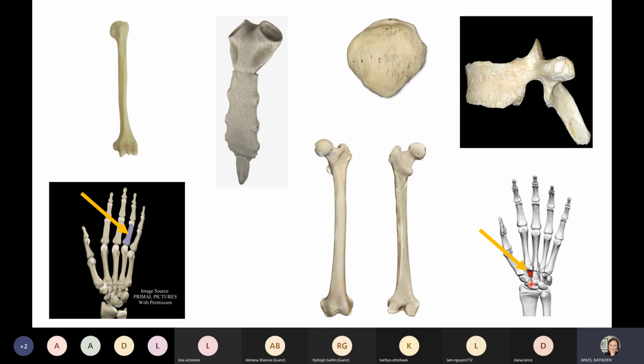Was it the capitate, the cuboid? I know it's something with a C, I think. Thank you all for your patience with me. The trapezoid. Oh my gosh, Dr. Ollis needs to take another nap today. Apologies, I counted the wrong direction. So trapezoid over here. Trapezoid is one of my carpal bones.